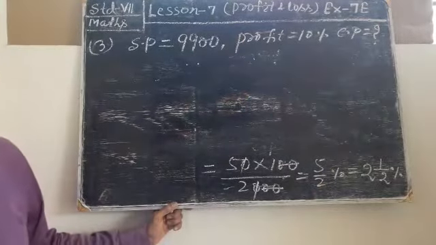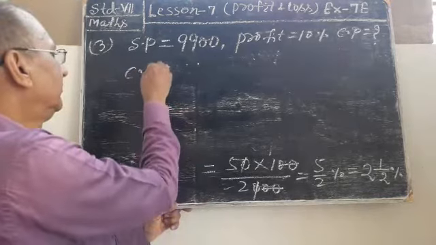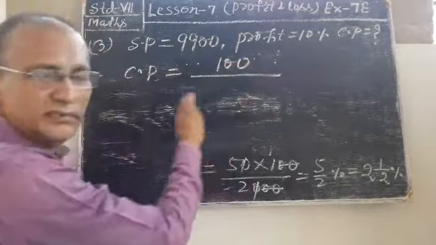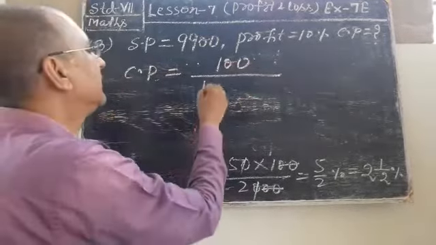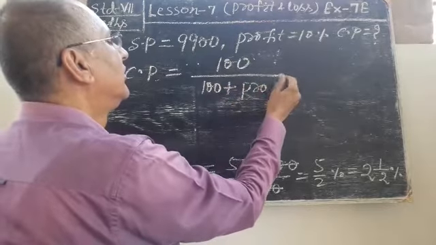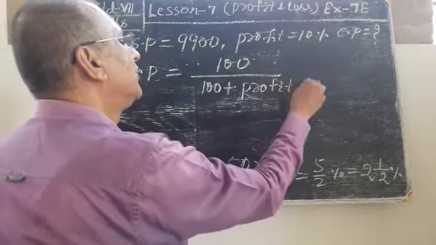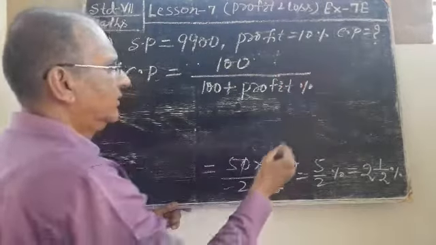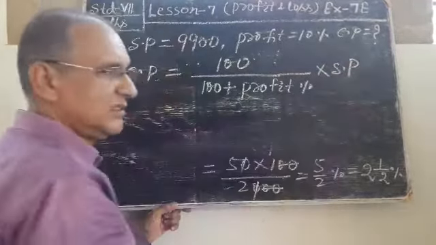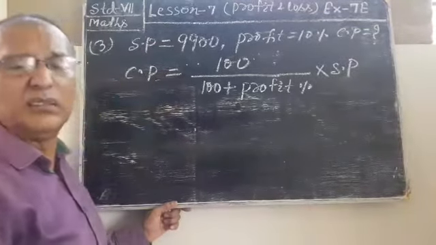The formula for CP is equal to 100 by 100 plus profit percent into SP. Write the formula, insert the values given.